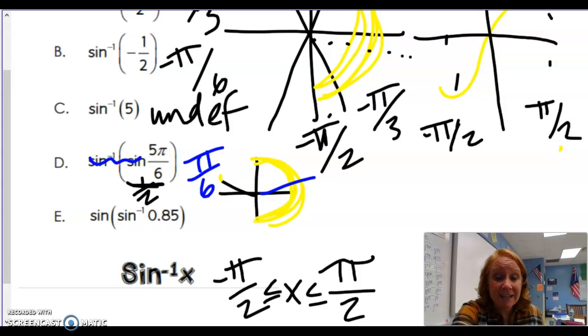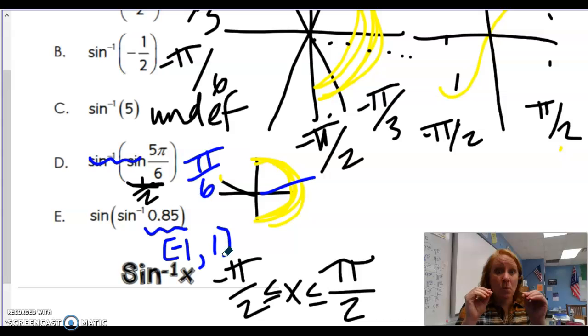Okay, this one right here. So sine and sine inverse, they undo each other, but I have to make sure, is this in the right place? Well, the inverses have to be between -1 and 1. How come? Because on the inverse, the domain of the original is negative pi over 2 to positive pi over 2, and the range is -1 to 1.